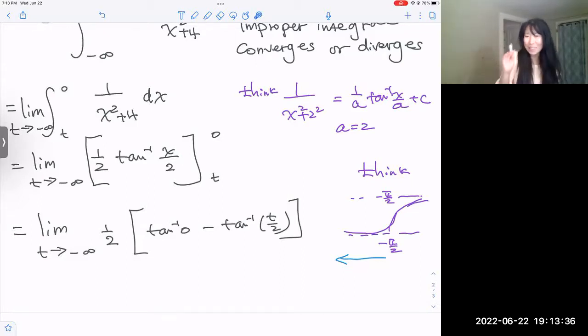Let me do the first one first, because I'll go over the second one more. When arctangent is 0, what do you get?